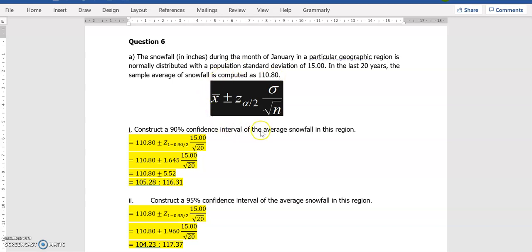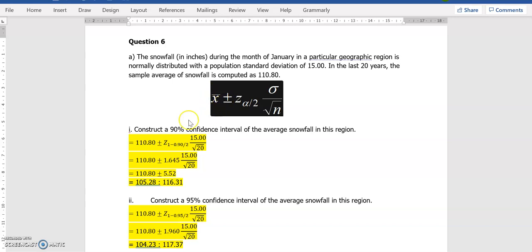So this is the formula that we use to determine the interval estimate. In this formula, there are 2 important components. The first component belongs to the point estimate, and it is denoted with the symbol X bar.